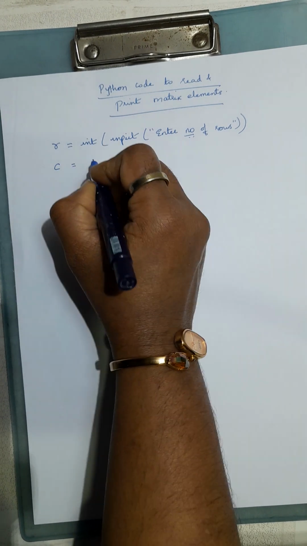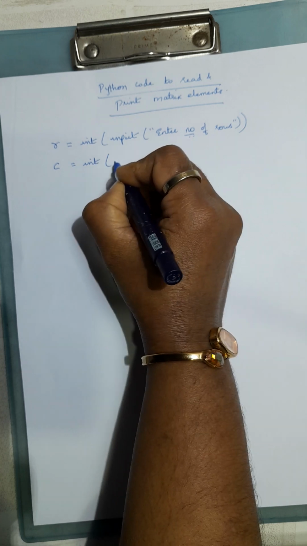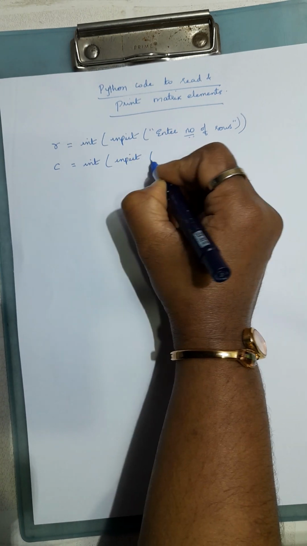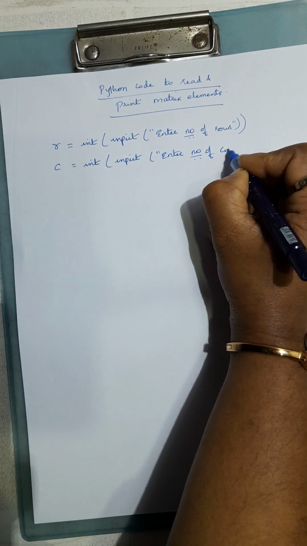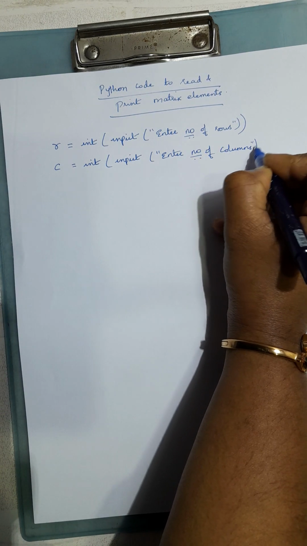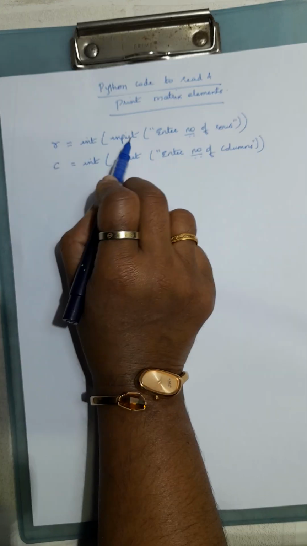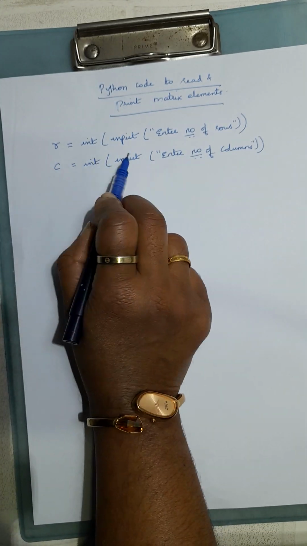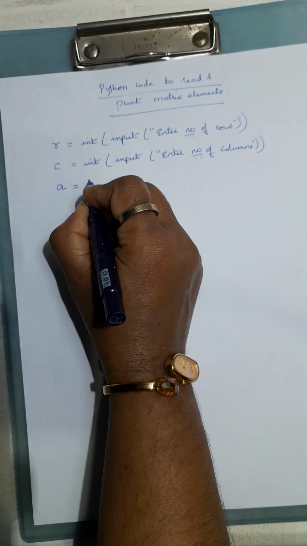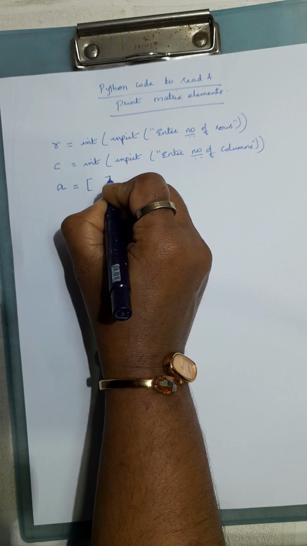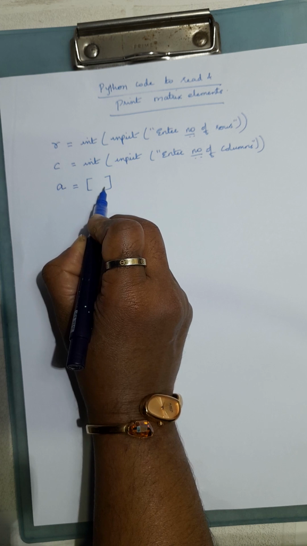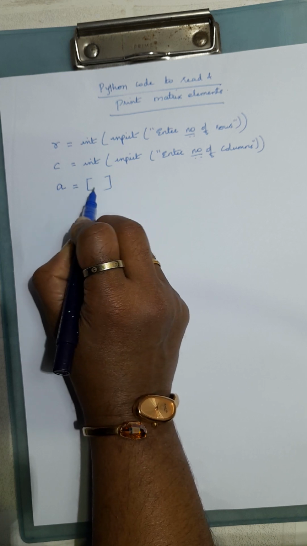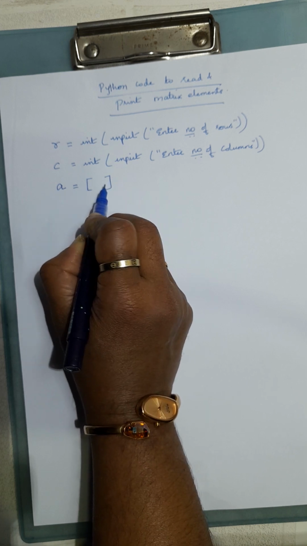Then we declare c as int input, enter number of columns. So r will have the number of rows, c will have the number of columns. Then we use one more variable A, this is the matrix, and it is initially empty. There are no elements within the matrix. So this is how you represent an empty matrix.